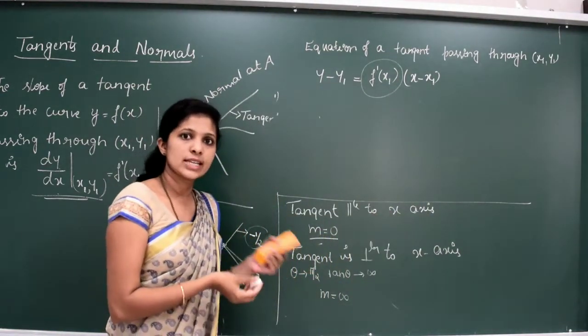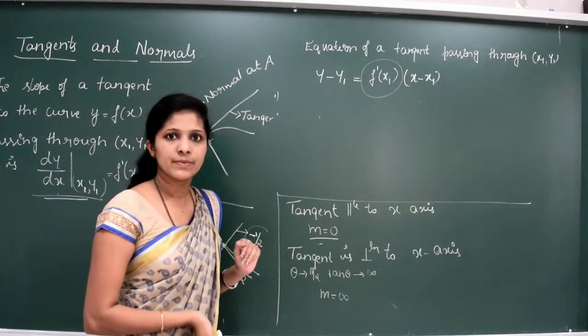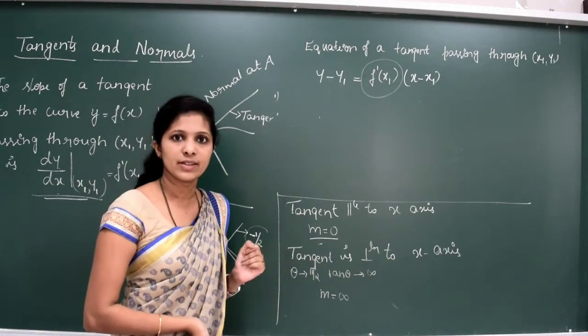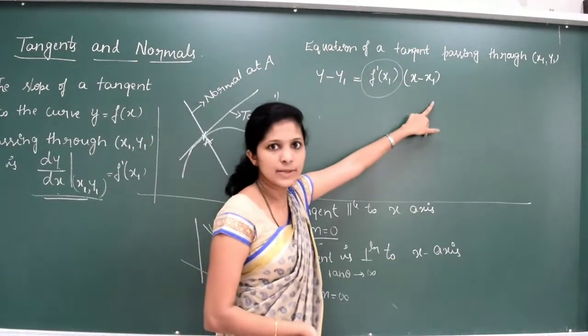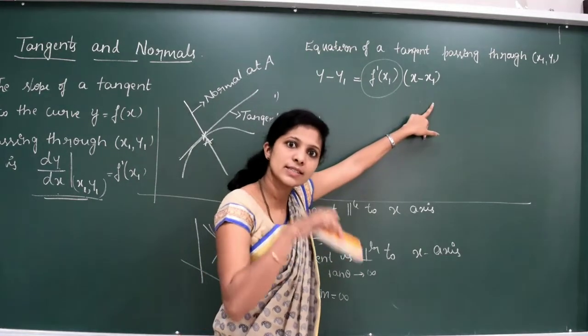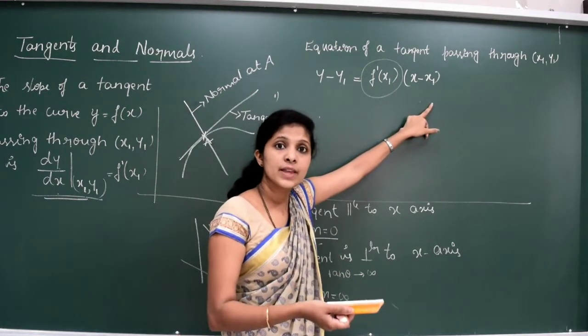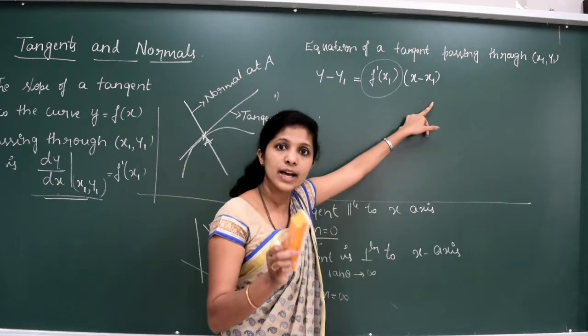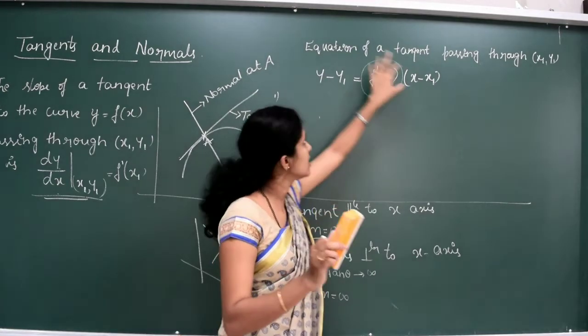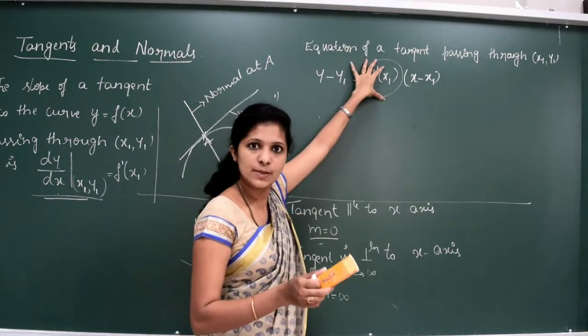Now can you say what is the equation of a normal line passing through the point x1, y1? Obviously these points will be the same because it is passing through the same point. Then the slope will be, since tangent and normal are perpendicular to each other, the negative reciprocal, right?